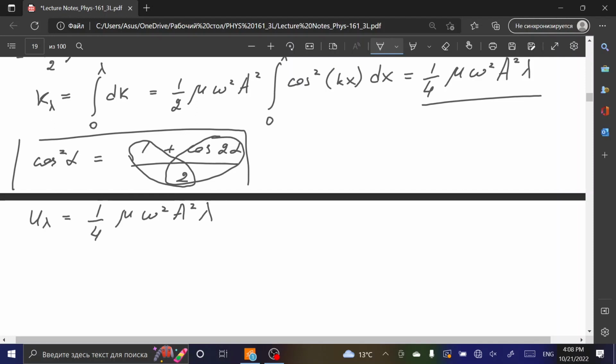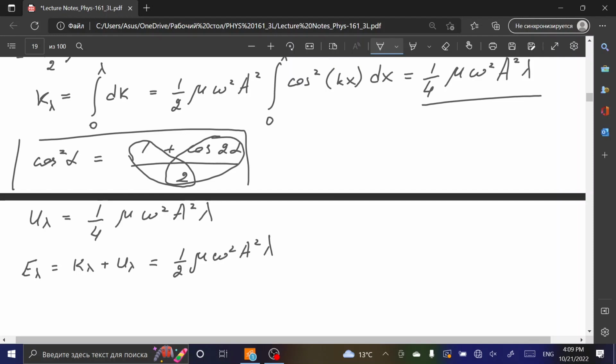Now we want the total mechanical energy, the sum of kinetic and potential. So E lambda equals kinetic plus potential energy per one wavelength, and that will be 1/2 mu omega squared A squared lambda.